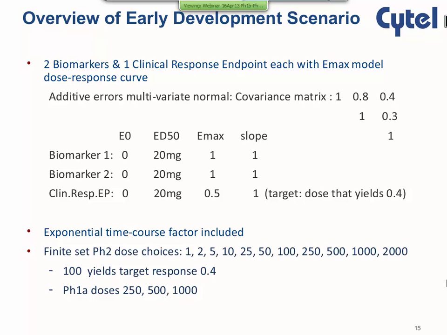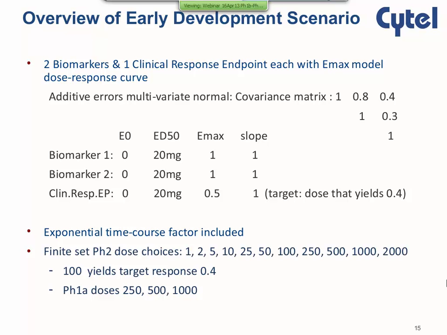Here's the particular set of biomarker to clinical endpoint response relationships and the true underlying dose-response curves that we used. Each of the biomarkers had the same Emax model with the values of the Emax model parameters listed here.